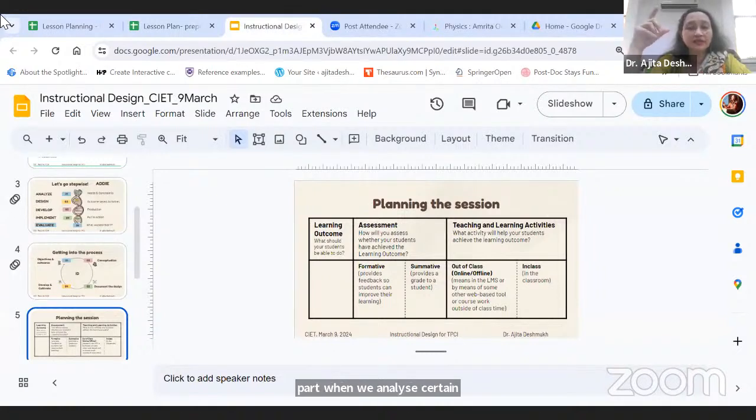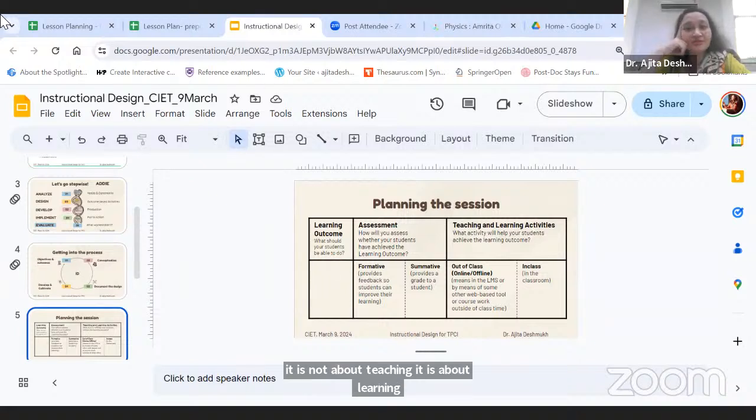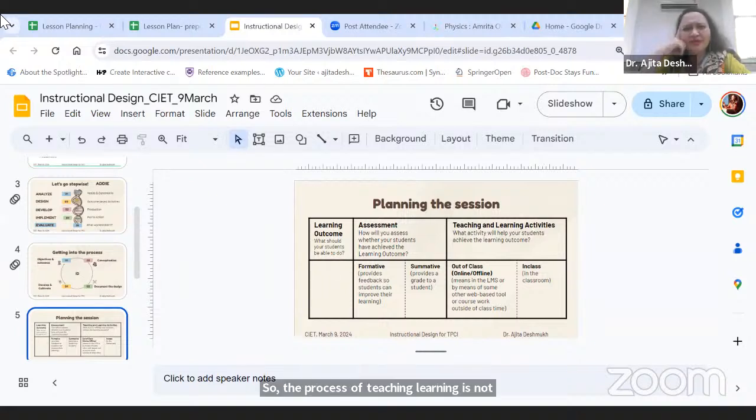Second, if I'm correct, the question that Sanjay Duttji asked: the most important thing we should keep in mind is it's not about teaching, it is about learning. The process of teaching and learning is not teacher-centric. It doesn't matter what you are teaching or why you have to teach. All it matters is why I should learn as a student. Once we start thinking like that, then the planning and instruction design go in the correct way.